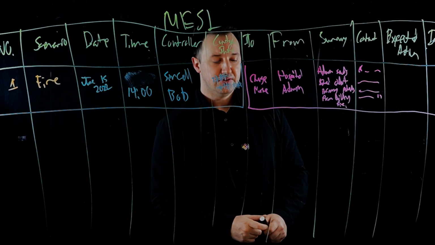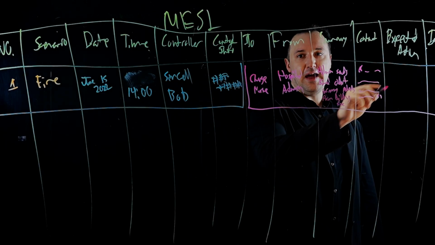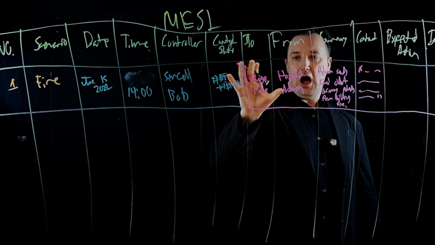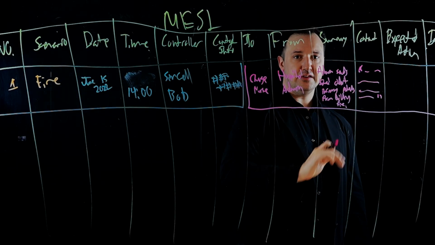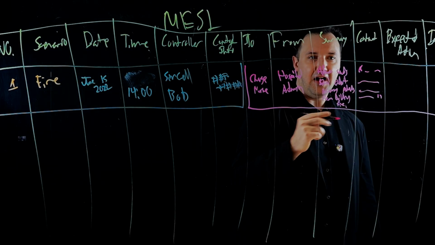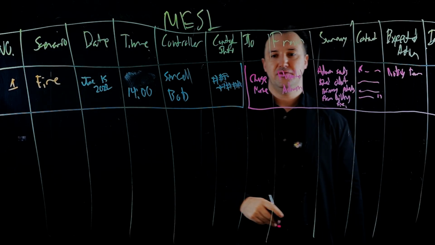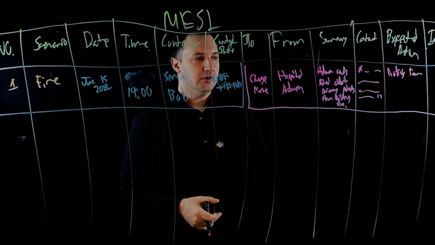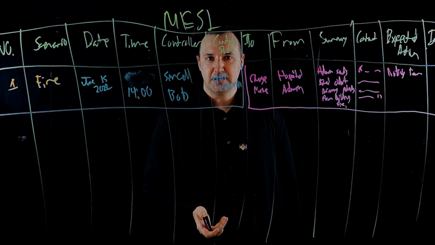Expected action. This is what you expect the participant to do. So I would expect when they receive this for them to notify the team: hey, we have an incoming building fire, expect X, Y, Z. They didn't give me more info, we'll expect back later.